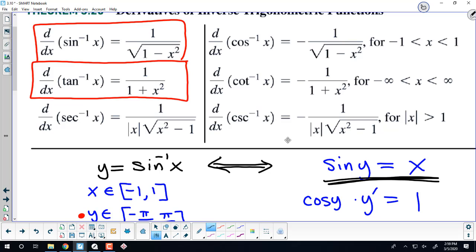All right. So what we're looking at here with these formulas is just the derivative of the outer function when the outer function is one of these trig functions. If you've got any other function like the inverse sine of 2x or the inverse tangent of the natural log of x, then the only addition is the chain rule, where we have to multiply by the derivative of the argument.